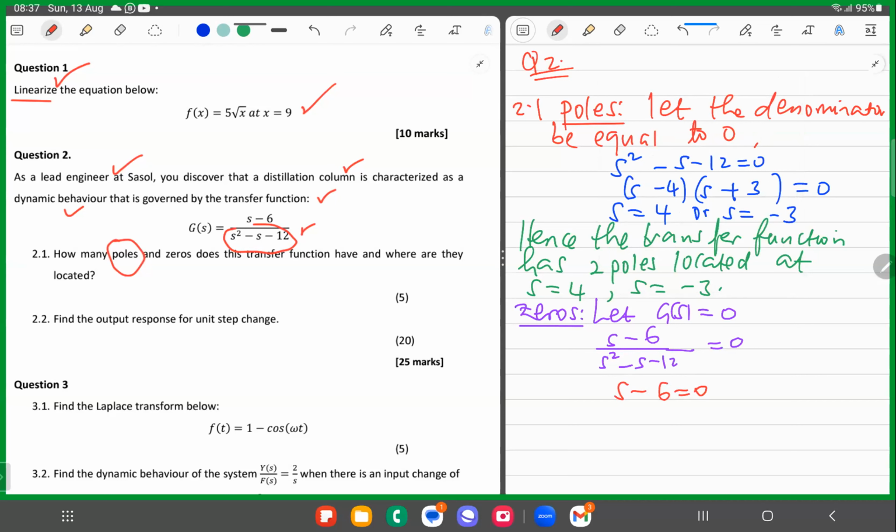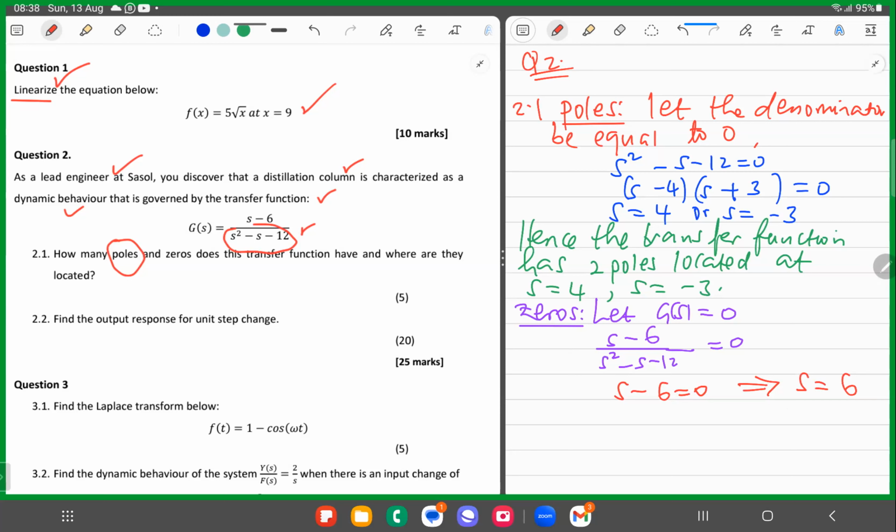If the numerator is 0, it then means that s is identically 6. So we get that s is 6.